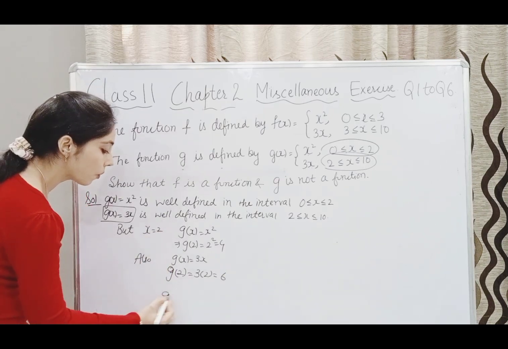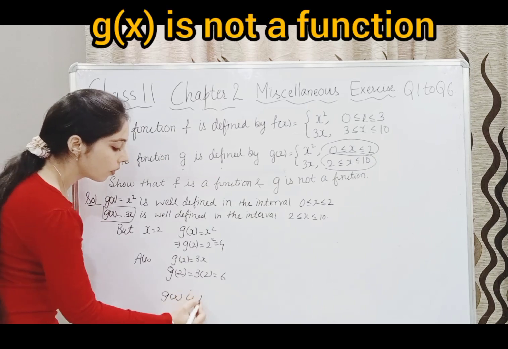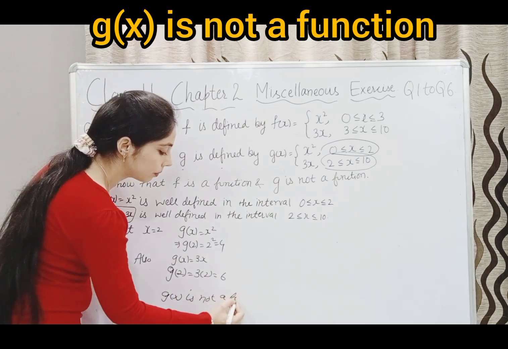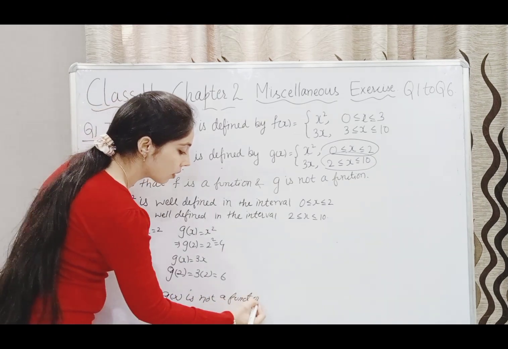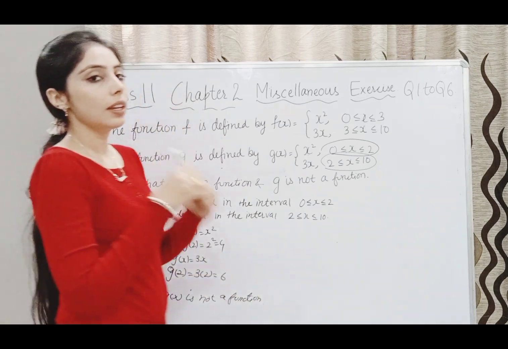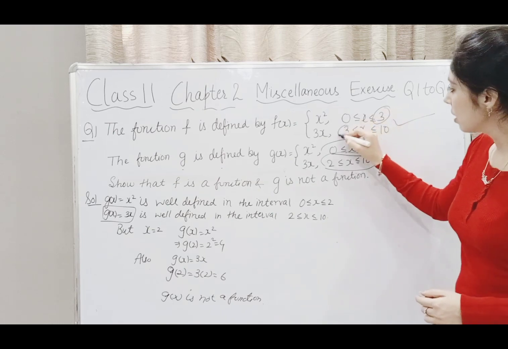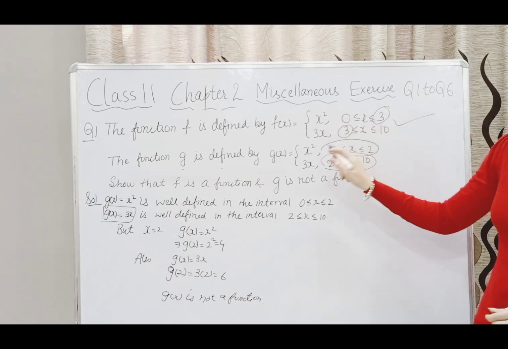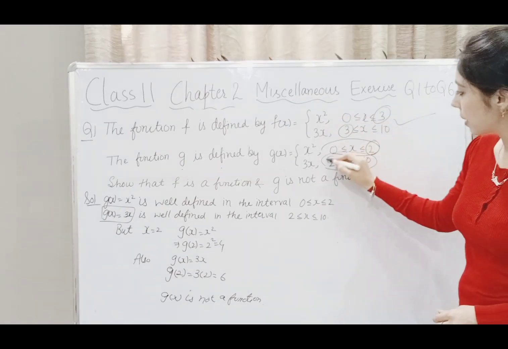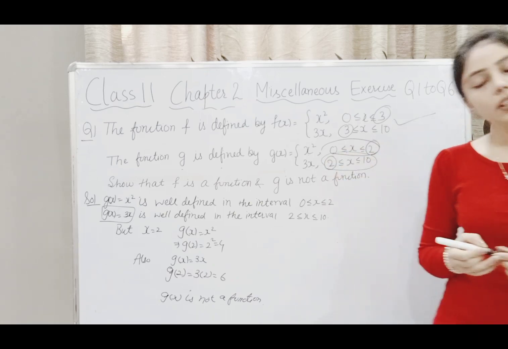So g(x) is not a function. So here f(x) is a function because at 3 it is giving the same values, and g(x) is not a function because at the breakage point they are giving different values.